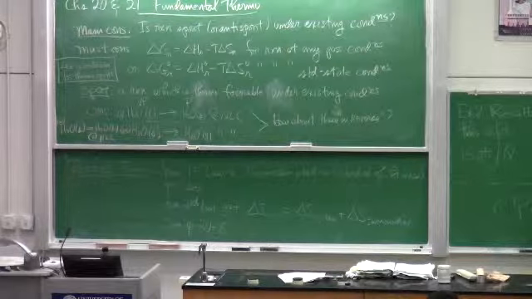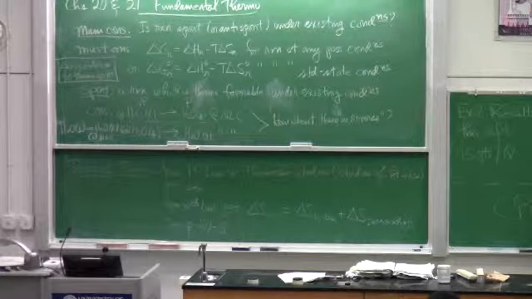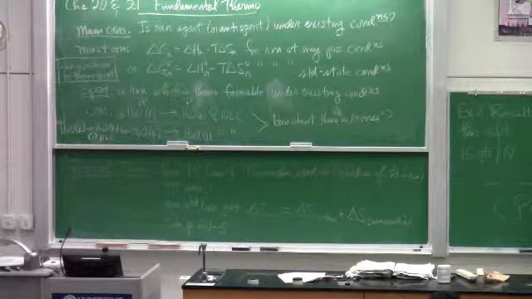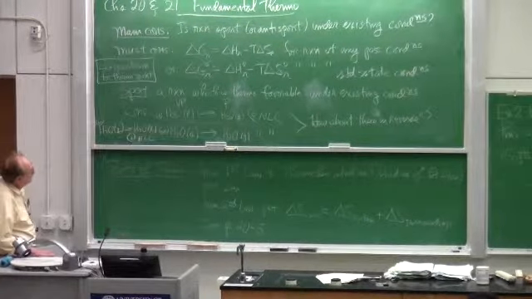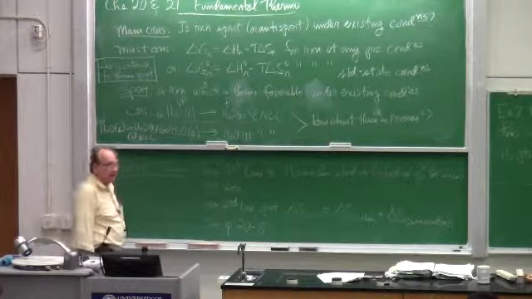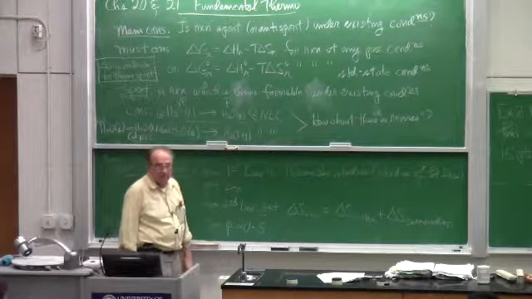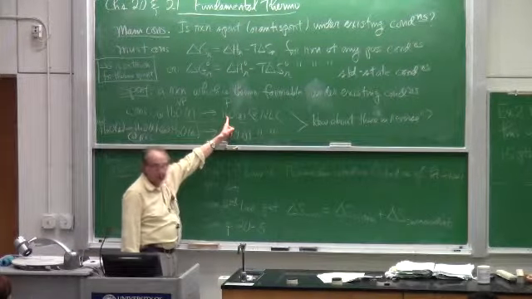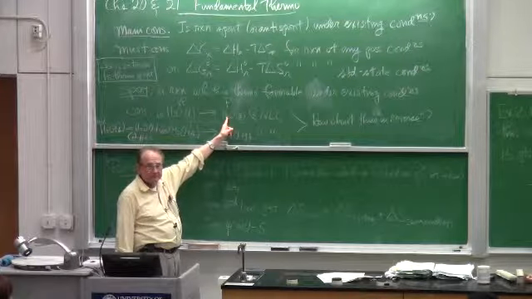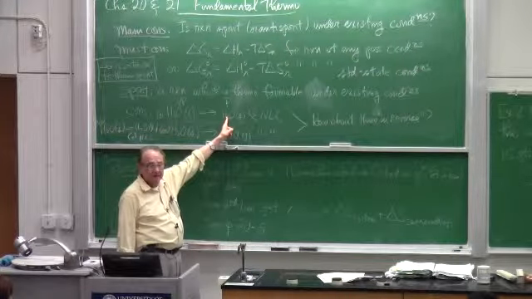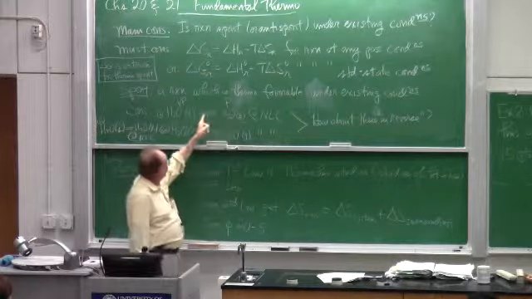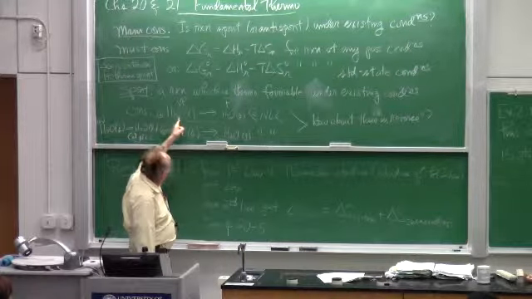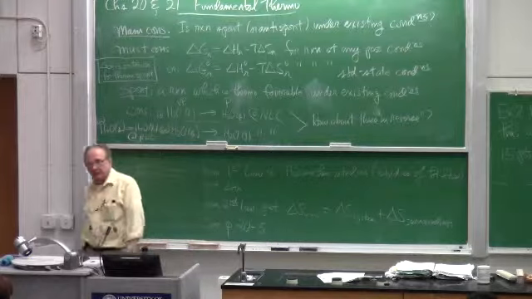Now, let's ask the same question from a standard state condition standpoint. Because under standard state conditions, what's the partial pressure of this stuff? 1 atmosphere. Tell me, at what temperature does this stuff develop a vapor pressure of 1 atmosphere?